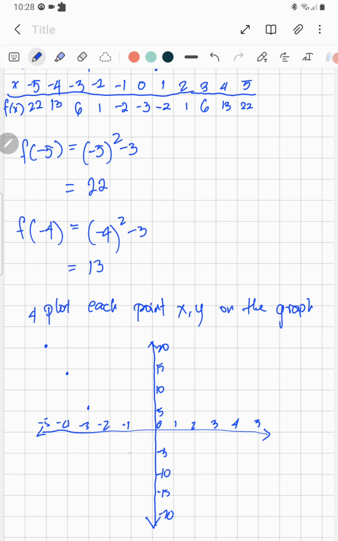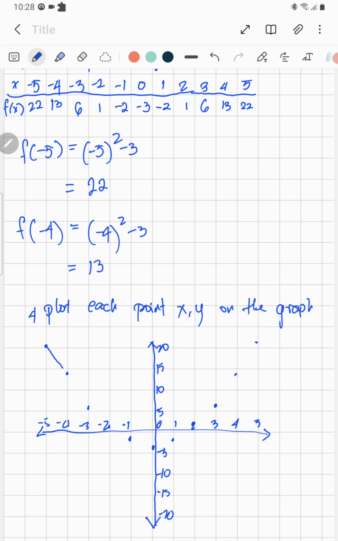We have 1. Dito siya. We have negative 2. And then we have negative 3, and then negative 2 again. We have 1, 6, 13, and 22.